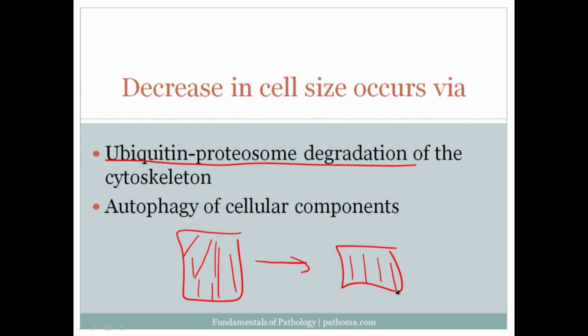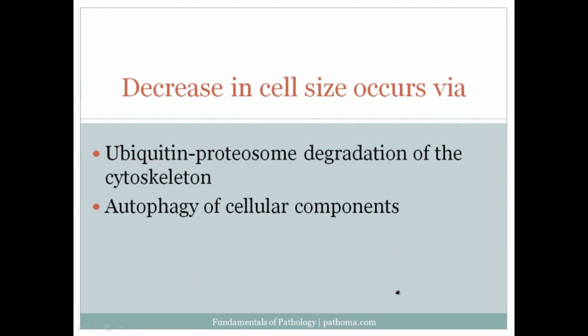And so the ubiquitin proteasome degradation pathway is a mechanism for destroying the cytoskeleton, and it's a high yield point to be aware of. Now, at the same time, in order for the cell to shrink in size from this size to, for example, this size, you're going to end up requiring less organelles within the cell. And so some of the cellular components are going to have to be consumed, and the mechanism by which cellular components are consumed is called autophagy.